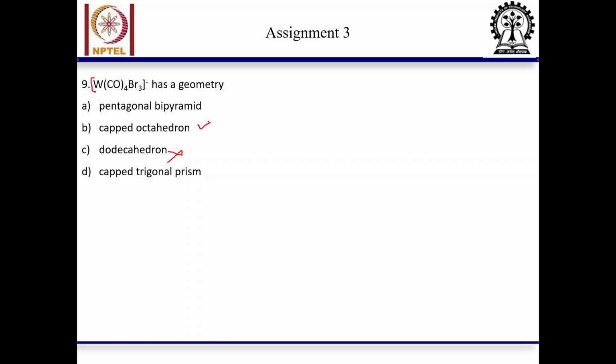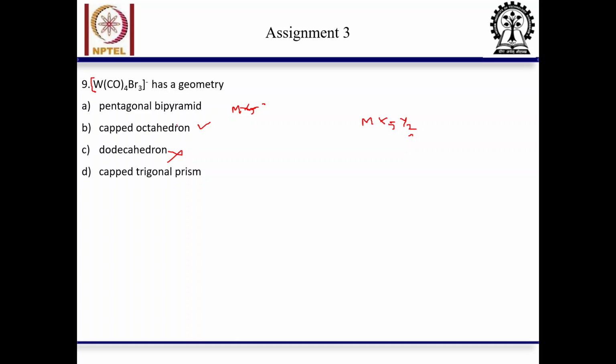If you see complexes like M X5 Y2, this will be favorable for the pentagonal bipyramid, because 5 ligands can go on the pentagonal planar ring and 2 Y can go axially like that, right? This kind of geometry, pentagonal bipyramid, is only favorable where this kind of structure is there. Otherwise it goes to the capped trigonal prism or capped octahedron.